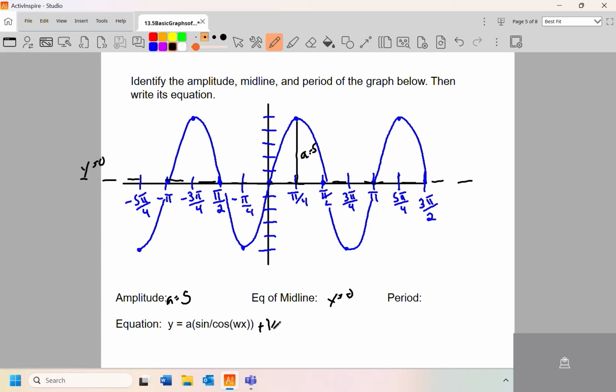We should have plus k. That's a b. I used to use the Greek letter omega. I don't do it anymore. Now the period is something that kids are going to struggle with. A period is how long it takes for one complete cycle. That means when we start repeating y values, the period on this one is pi. Okay? The period is pi.